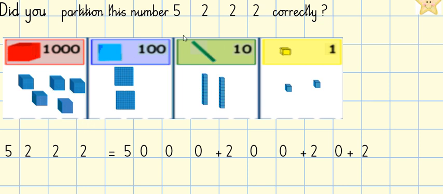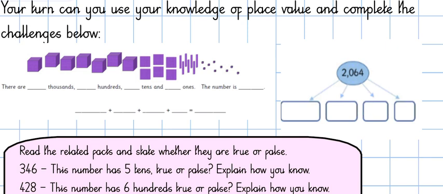So I know that in 5,222 I have 5,000s, 1, 2, 3, 4, 5, 5,000, I have 200s, 1, 2, I have 2 tens, 1, 2, 2 tens make 20, and I have 2 ones, 1, 2, and as you can see, 5,222 gives me 5,220 plus 2.